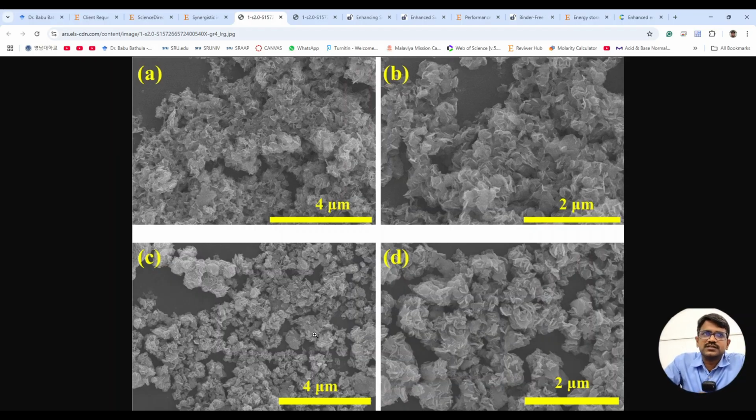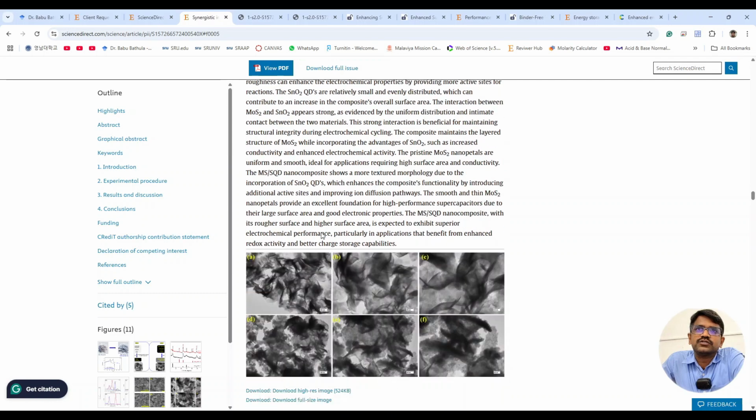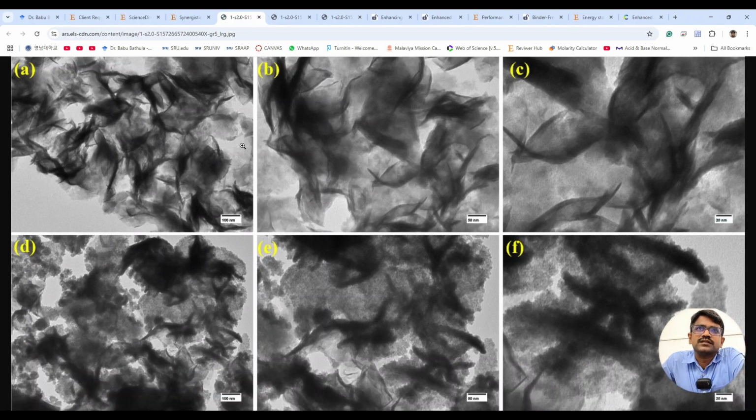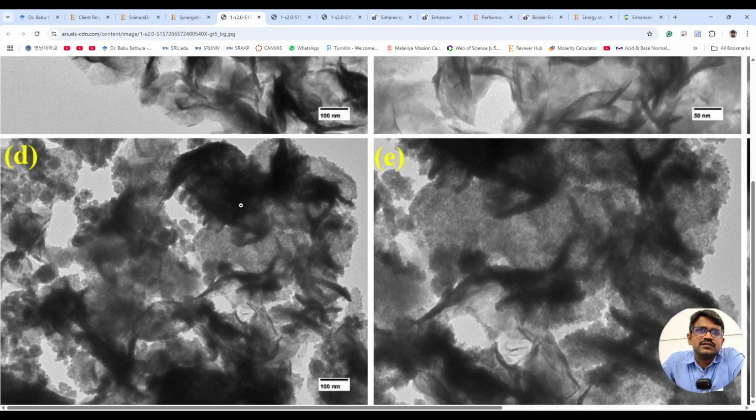Images C and D are the composites: MoS2 nanopetals decorated with SnO2 quantum dots. In the TEM images you can clearly observe the MoS2 nanopetals with clear layers. In these images you can see the nanolayers like petals with quantum dots.